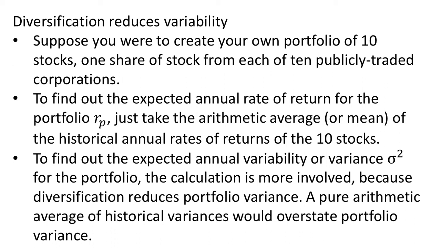But to find out the expected annual standard deviation or variance for the portfolio, the calculation is more involved, because diversification reduces portfolio risk, reduces portfolio variance. If you were to just take an arithmetic average of the historical variances of each of the 10 stocks in the portfolio, you would have an overstated portfolio variance, because the diversification across the 10 stocks will reduce the portfolio's overall variance.